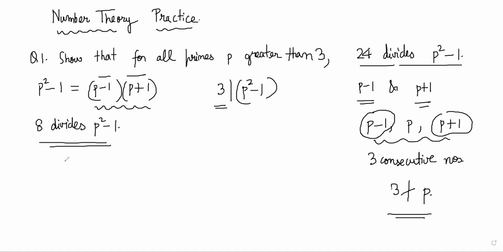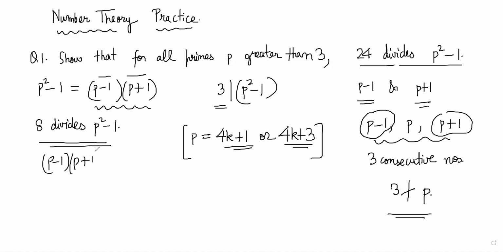So in order to prove that 8 divides p square minus 1, think of p as a prime number. So p can be of the form 4k plus 1 or 4k plus 3, correct? It obviously cannot be 4k or 4k plus 2 because that would mean it is divisible by 2, which is not true because p is a prime. So p has these two forms, and in both forms you can check p minus 1 and p plus 1.